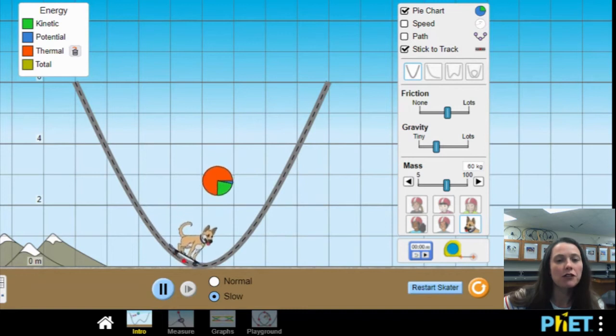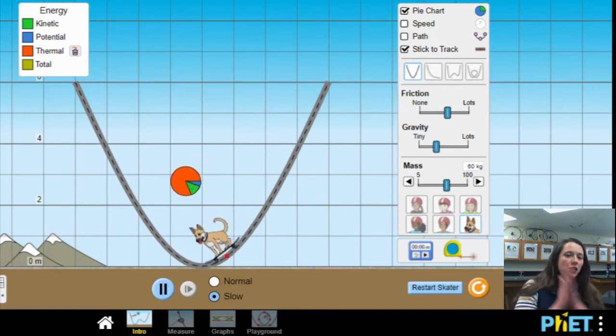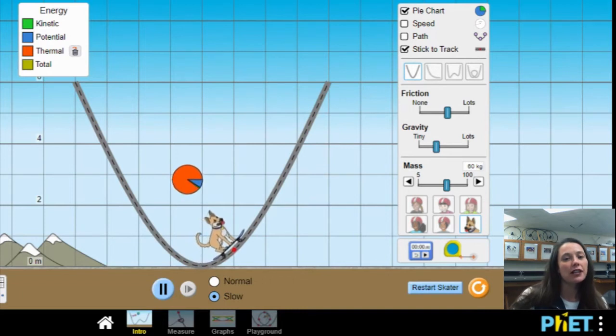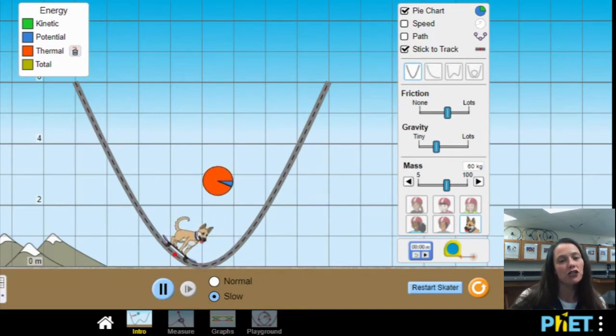Friction transforms other forms of energy into thermal energy. That's why rubbing your hands together on a cold day heats them up. And in this case, the dog's energy is gradually transforming from kinetic and potential energy into thermal energy as the friction slows him down.